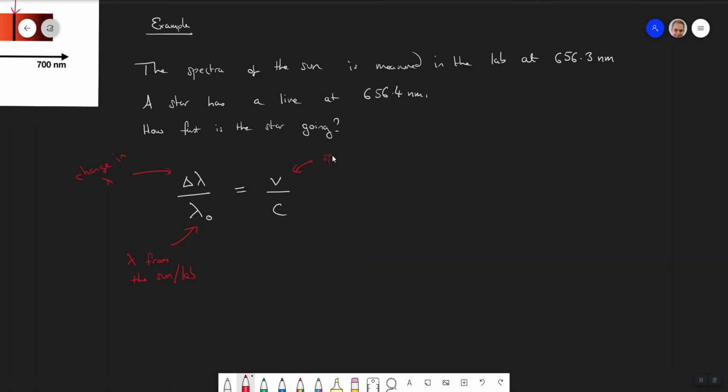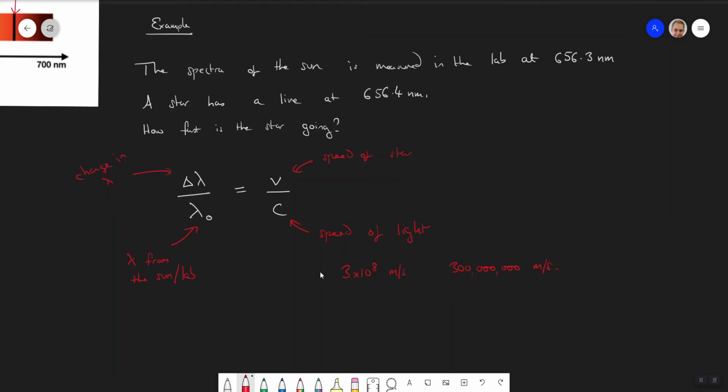V is the speed of the star, and C is the speed of light. You have to be given the speed of light somewhere in the question. It is 3 times 10 to the 8 meters per second, or 300 million.